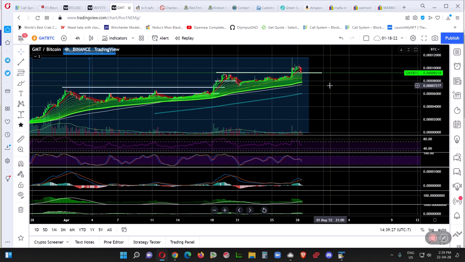So GMT is definitely a winner long term. Remember, GMT, Green Metaverse Token, and GST, Green Satoshi Token, are both native tokens to the STEPN app. You can download it free, take a look at it, and their strategy is basically, hey, we're going to make these coins and make people buy them, or they can't use the app.